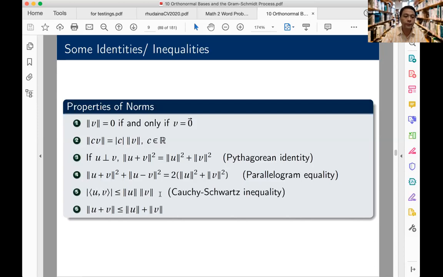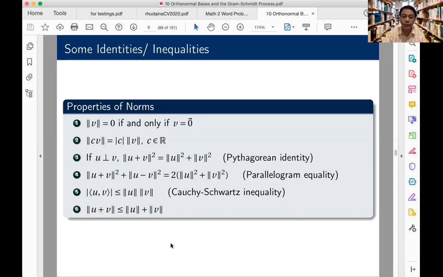And lastly, the norm of u plus v is less than or equal to the norm of u plus the norm of v. If you look at u here as a vector, and then v is another vector, what is u plus v? It is the vector in a parallelogram, which is a diagonal. No?